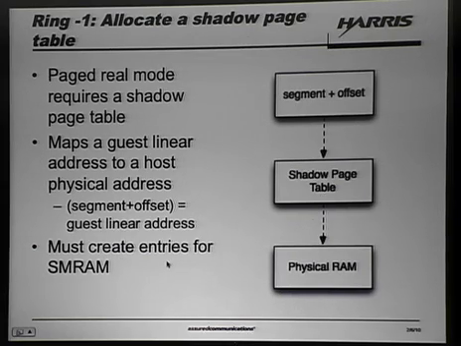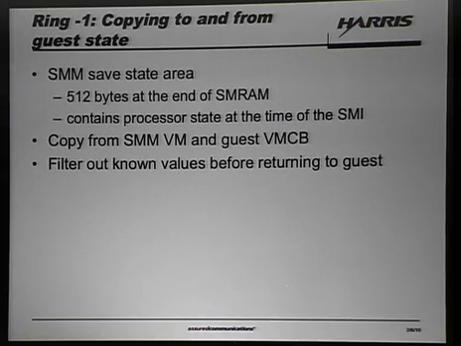When we're containerizing everything, the first thing we do is intercept an SMI. When we intercept the SMI, we have to map SMRAM. We create entries for SMRAM inside of our page table. After we've created entries inside of our page table, and we've configured all of the guests appropriately so that we can intercept this and run it, we then have our VMCB, which kicks off and runs from there.